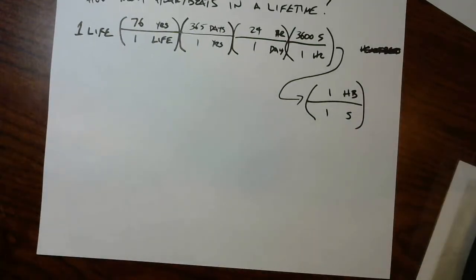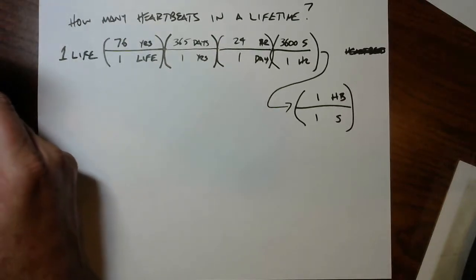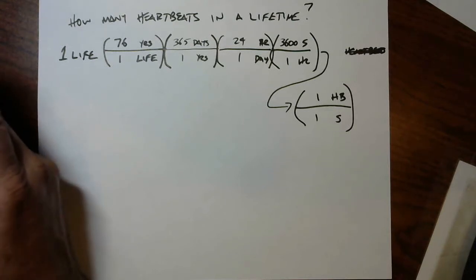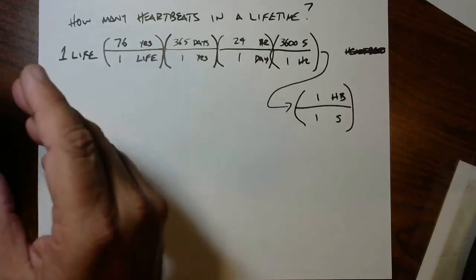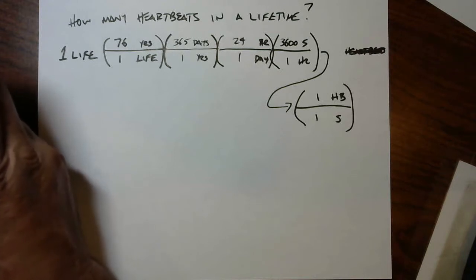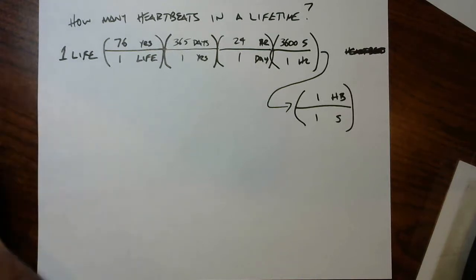And so the answer for how to convert lifetime into heartbeats is going to be very similar to the number of seconds times 76. So 31,536,000 times 76 equals, oh my lord, this is a big number.